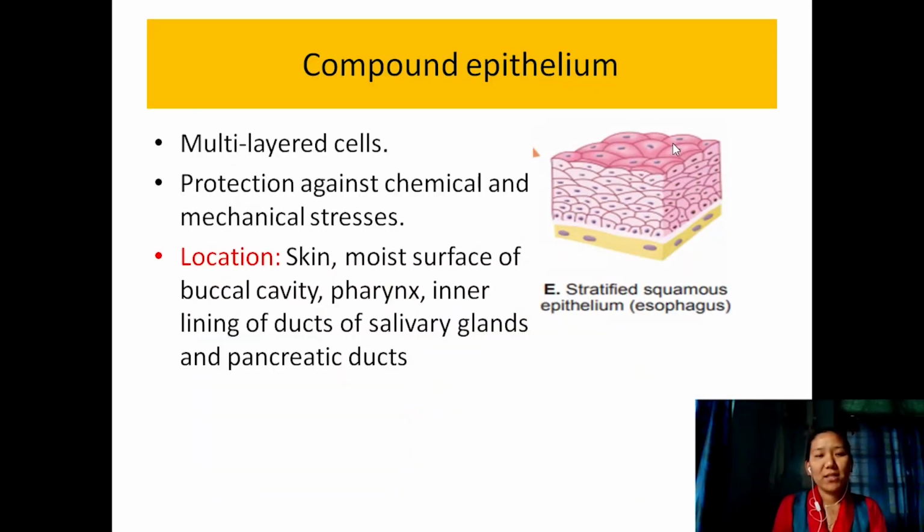Now next is compound epithelium. Compound epithelium consists of more than two layers of cells, as discussed. These are usually found in the body where you find more friction, so they have a protective role, protecting against chemical and mechanical stress.